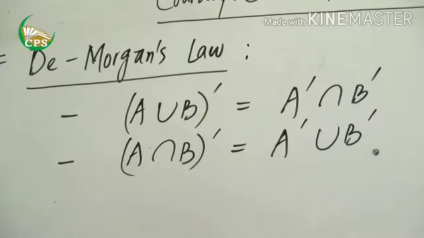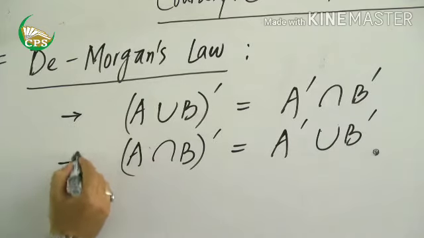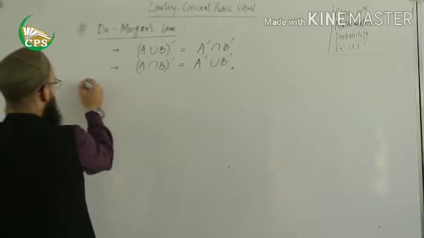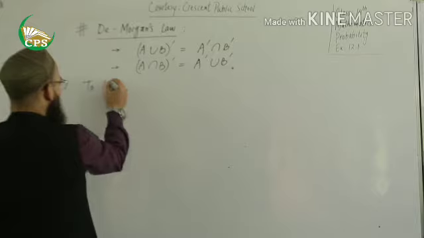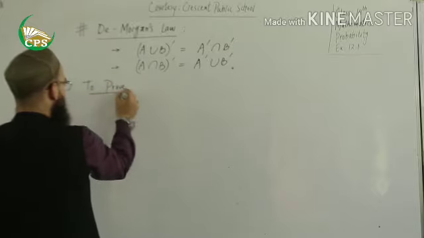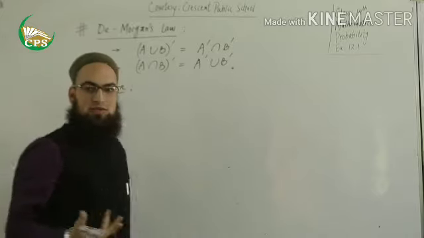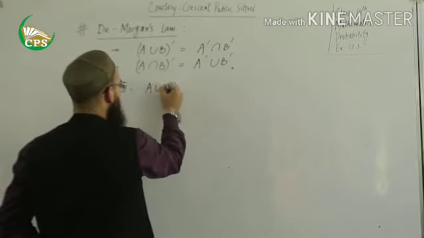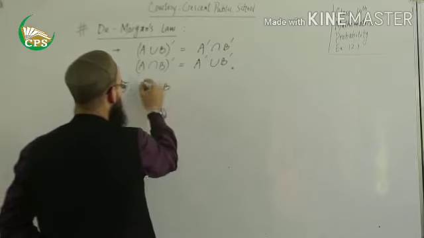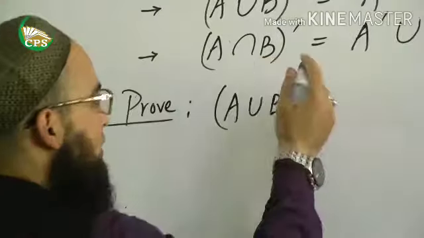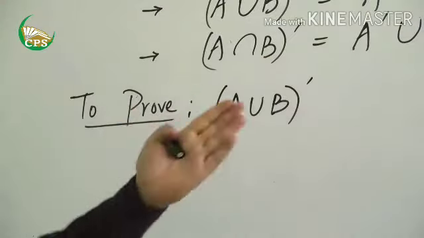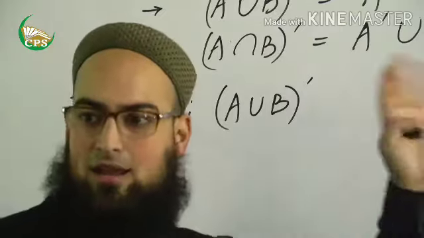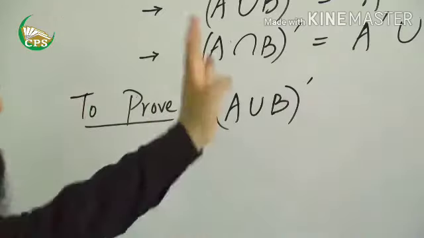Now let us prove this De Morgan's law. Let us see how this is possible. Let us have a general idea for that, general proof. You can also prove this by having some examples of sets, like take some sets A and B, then you can substitute the values in.